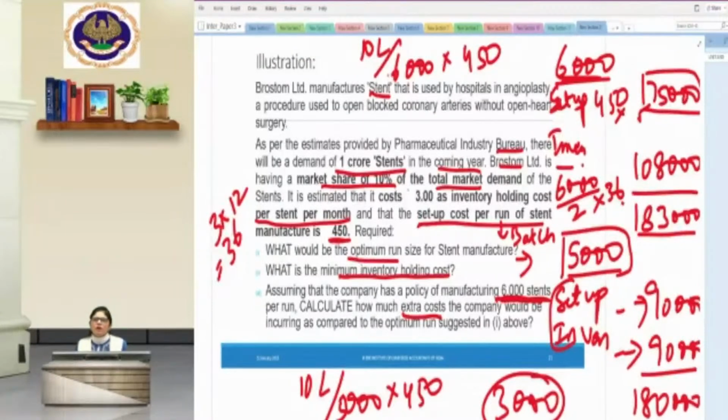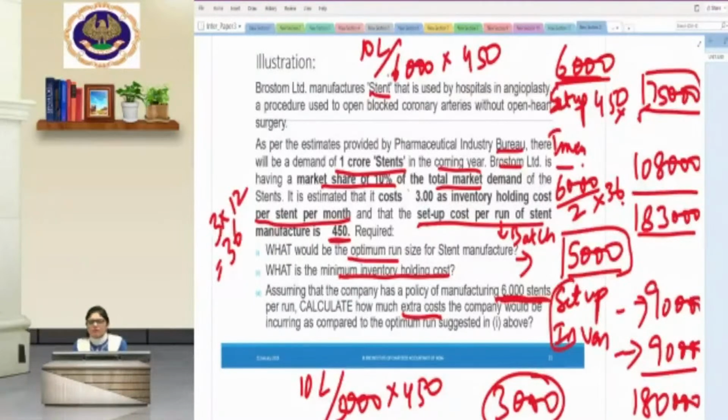That's why we call it the optimum batch size, because if you produce the batch size as per EBQ, the setup and inventory holding cost will be the minimum. You do this exercise for every other batch size and you will find the cost is the minimum at the economic batch size.